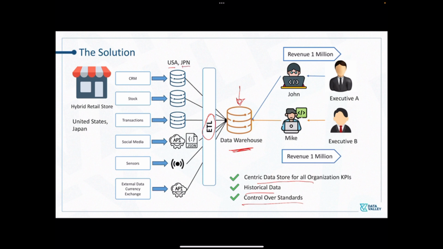Another system is coding the transactions coming from different countries in a different way. For example, the transaction system is using United States and Japan as full words for the country. So back to the old story, if John is creating revenue per country, he will give revenue per USA and JPN. Mike, if he's creating a report per country, might generate the report per United States and Japan.